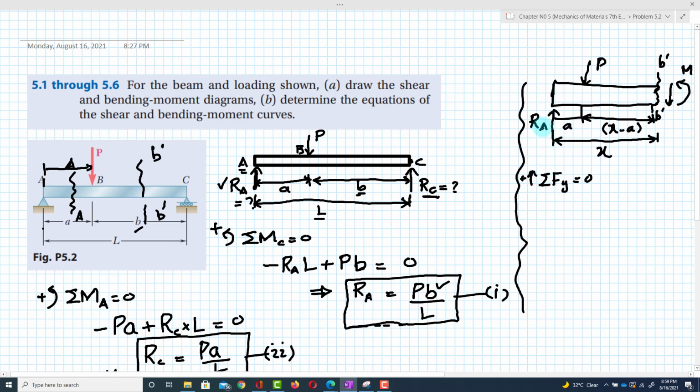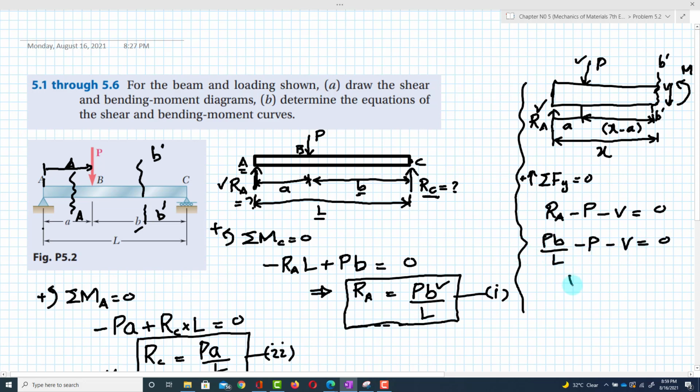Now you can see there are three forces acting: RA, P and V. RA is positive, P is negative because it is acting downward, and V is also negative. Clear? So RA, equal to PB over L, minus P minus V is equal to 0.